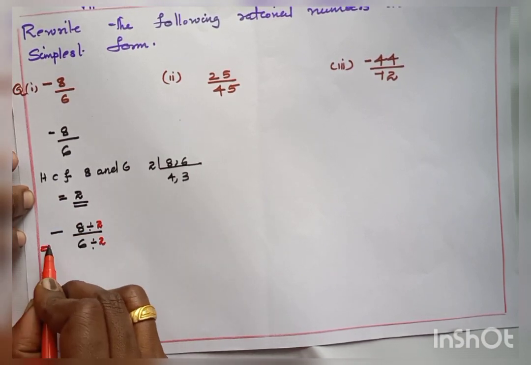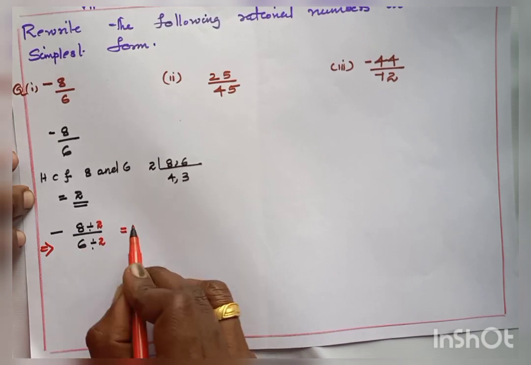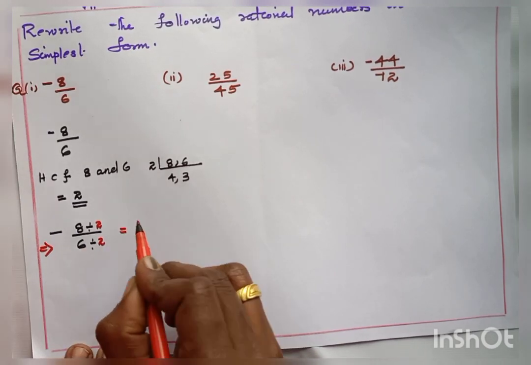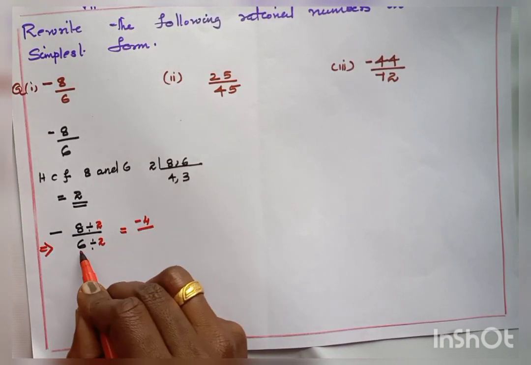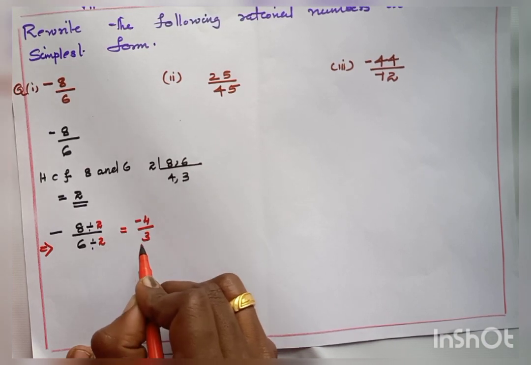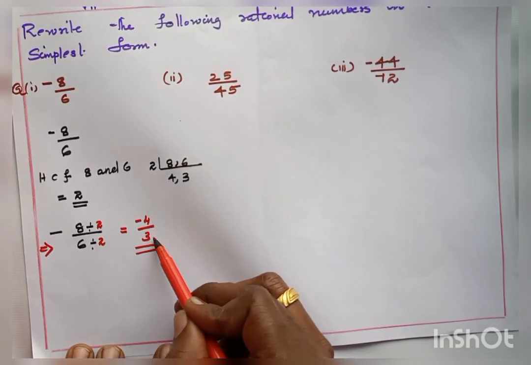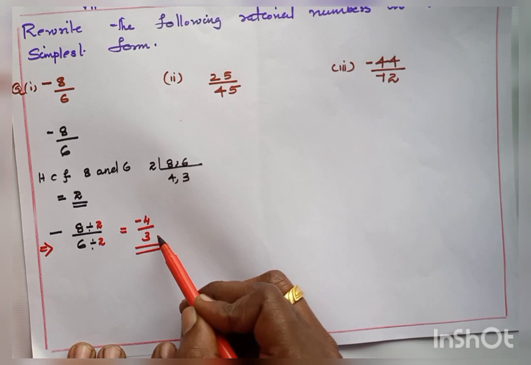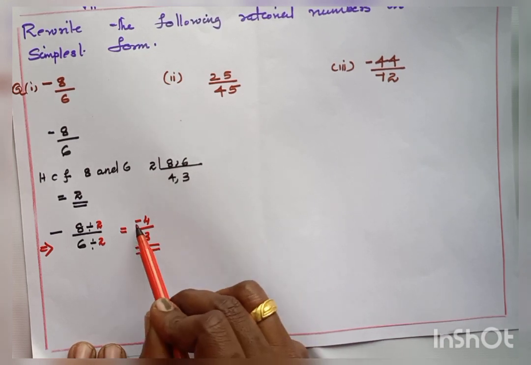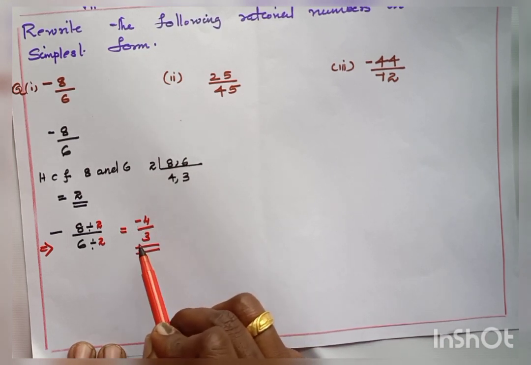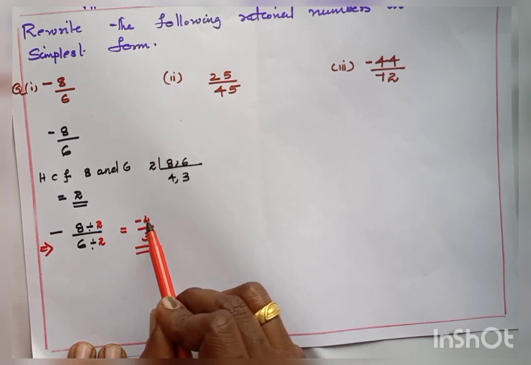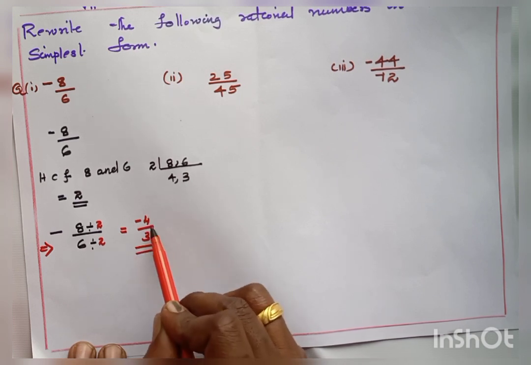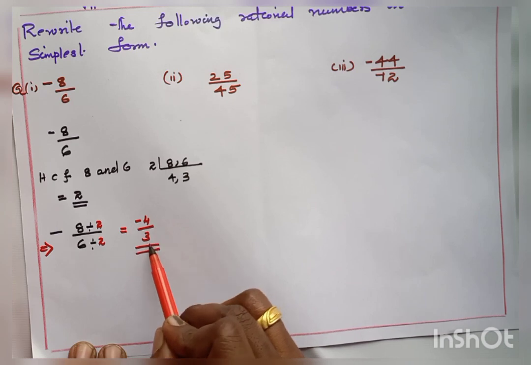So we get minus 8 divided by 2 is minus 4, and 6 divided by 2 is 3. So this is the simplest form, or the standard form. Listen, the denominator is positive and the only common divisor of numerator and denominator is 1.